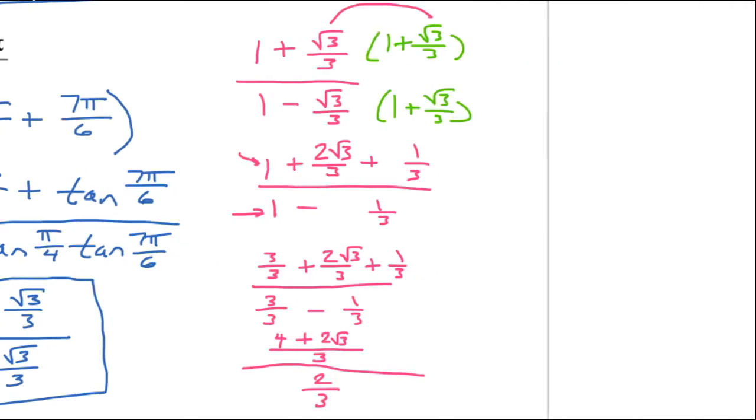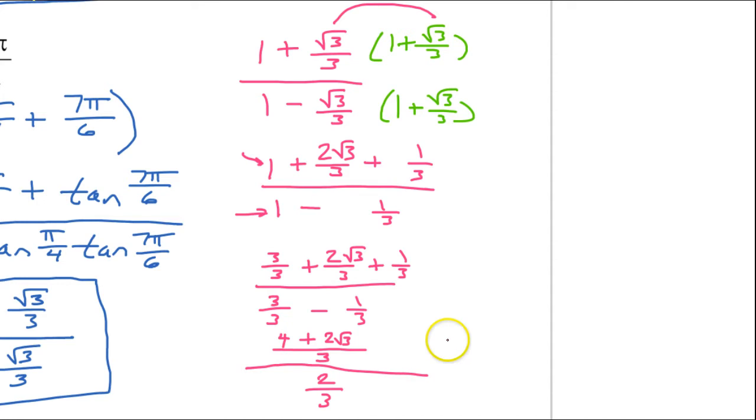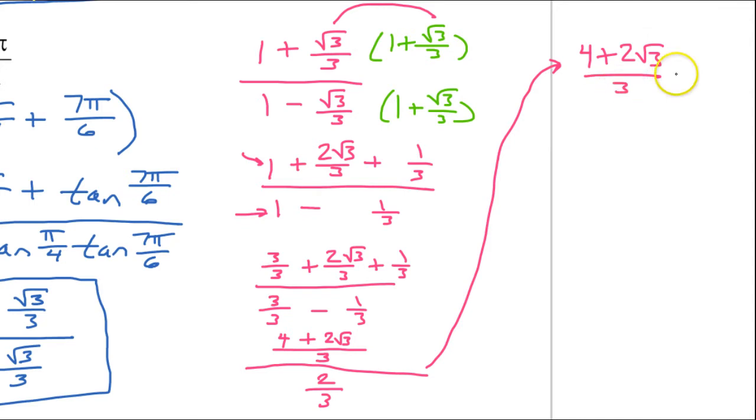And of course when you divide a fraction by another fraction, you multiply by the reciprocal. So I'm just going to take this up over here. So I'm going to wind up with 4 plus 2 root 3 over 3 times, now here comes the reciprocal, 3 over 2. Now these 3's cancel each other out.